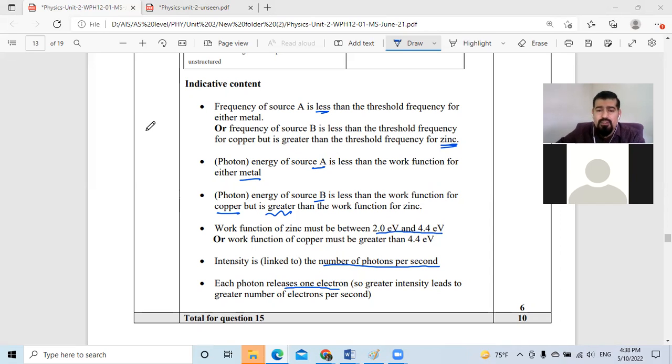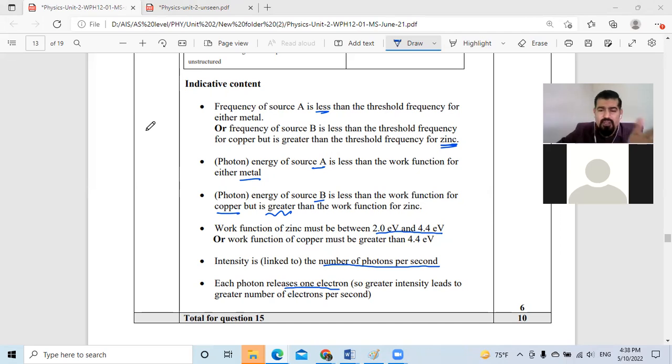Source A has a frequency of light lower than the threshold frequency for both of the metals, so electrons will not be released from the metal surface. This means source A has photon energy less than the work function of the two metals, and no electrons will be released.